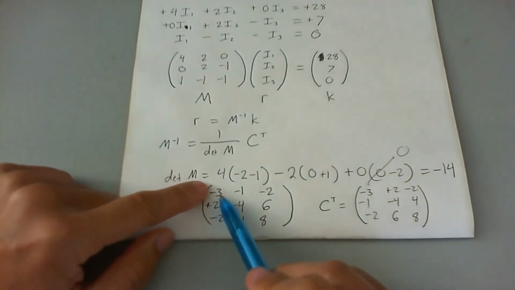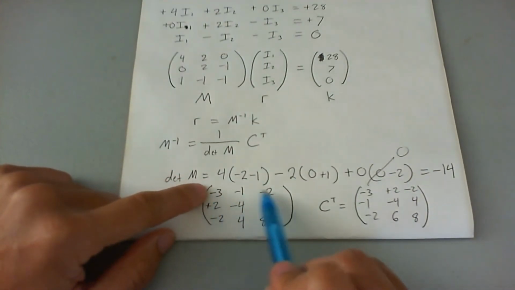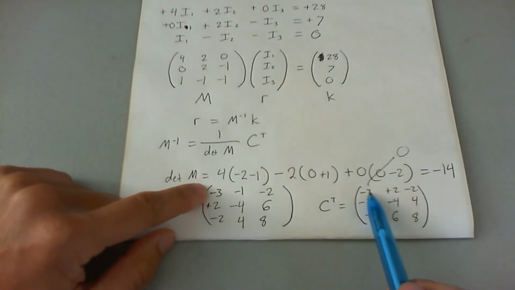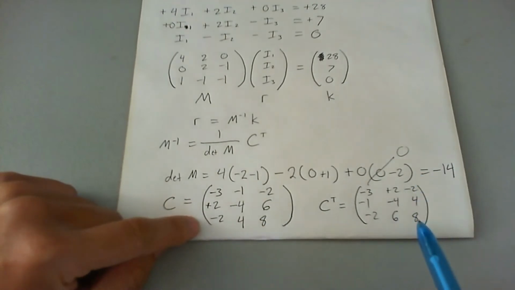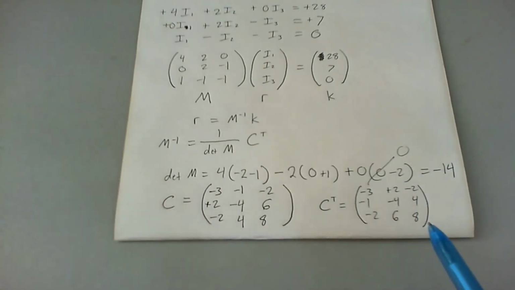So you can see that as I went across this first row, I now made this become the first column. The second row became the second column, third row became the third column. So this is now the transpose of the matrix of cofactors.